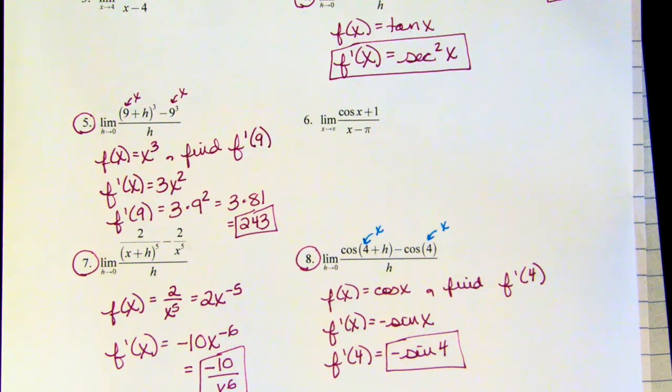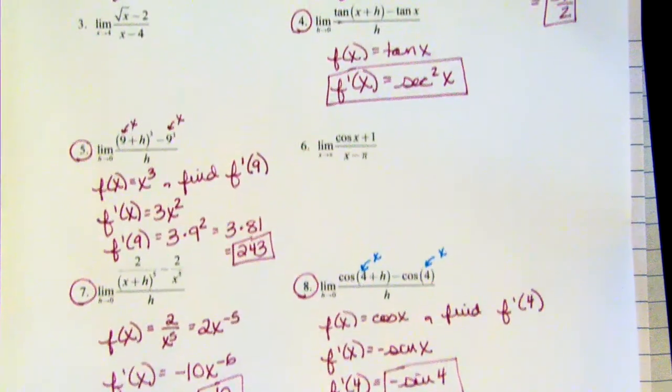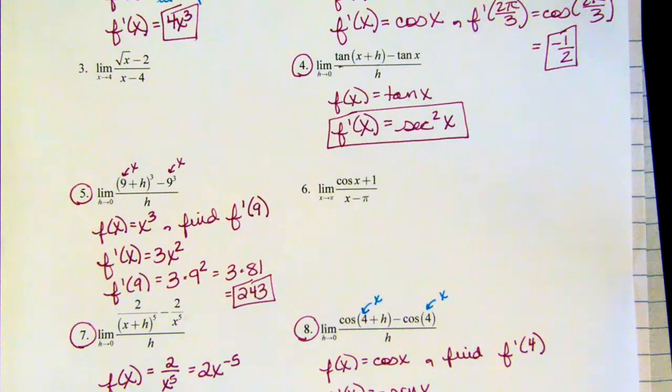Here's one last thing we need to look at on this sheet, and basically these 3 different types of problems are the 3 ways the AP exam can test you on the formal definition of the derivative. I will give you all 3 of those on your Unit 2 test. We need to deal with problems 3 and 6. And what I hope you remember is there's also an alternate definition of our derivative.